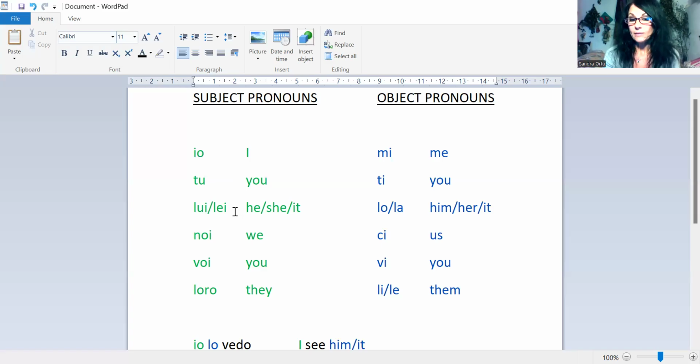And then in English, we have it, when we're talking about an object. In Italian, there is a pronoun which does translate it, which is esso, but it's not really used in the spoken language. You would see it sometimes in books, in written language. And then we have, so these are the first, second, and third person singular.